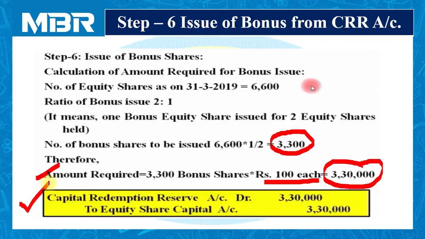So the choice is yours. You can do it according to your requirement. I hope everyone is clear with the solution of this particular problem. We will discuss the balance sheet of this question in the next session.